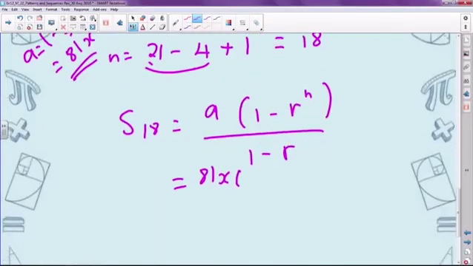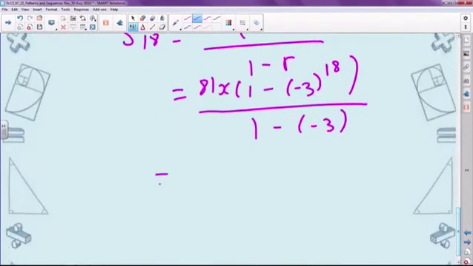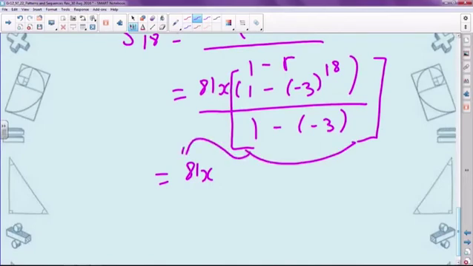So r is still minus 3 to the power of n, where n is 18, divided by 1 minus 3. You can keep the 81x outside while you work out that little portion on your calculator. You will then multiply that whole thing by the 81.